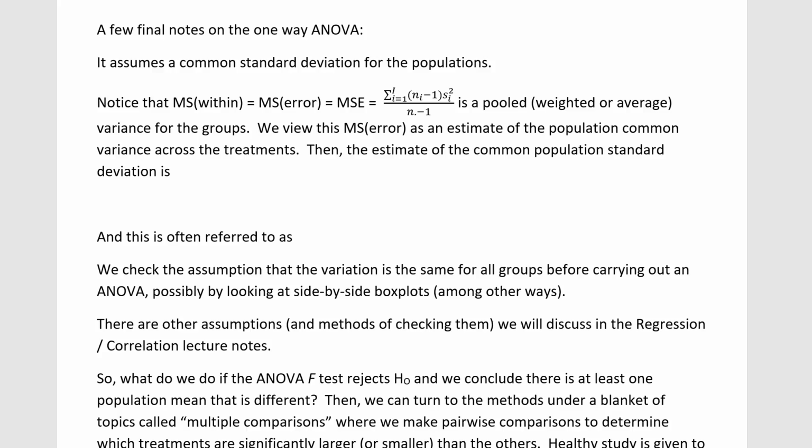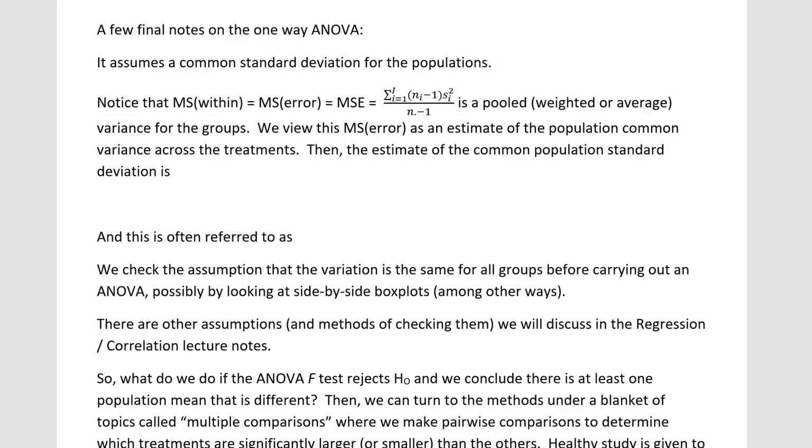All right, so some final notes on ANOVA. It assumes a common standard deviation for the population. So there is an assumption that the variability is the same across, in our example, the 3 diets. Notice that the mean squared within, which is the mean squared for error, MSE, is a pooled or weighted average variance for the groups. We view this mean square error as an estimate of the population common variance across the treatments.